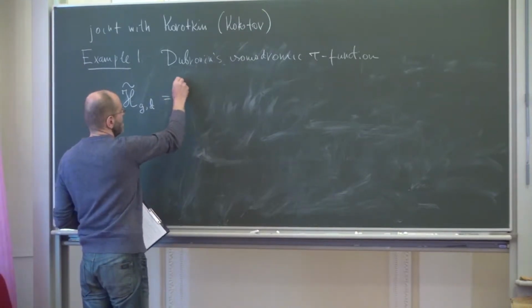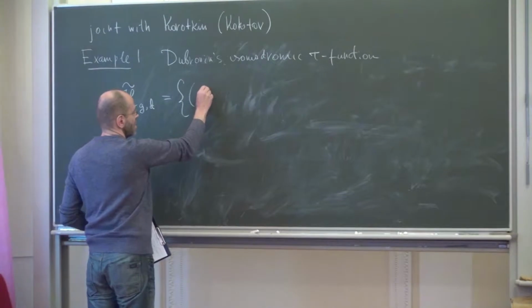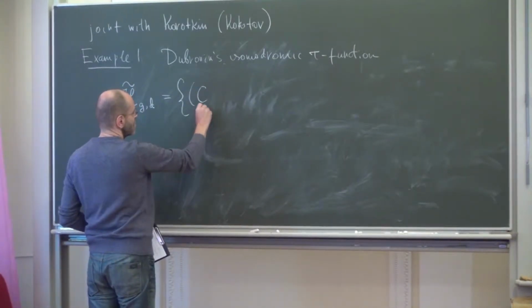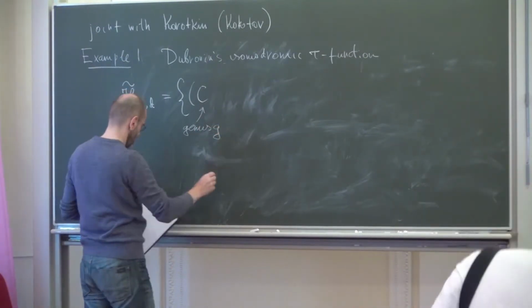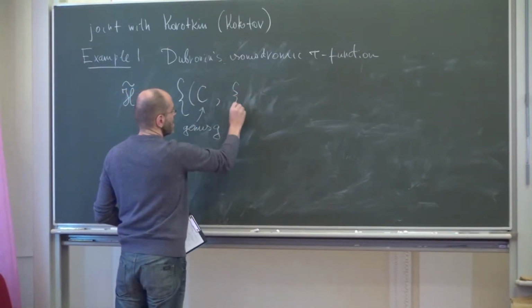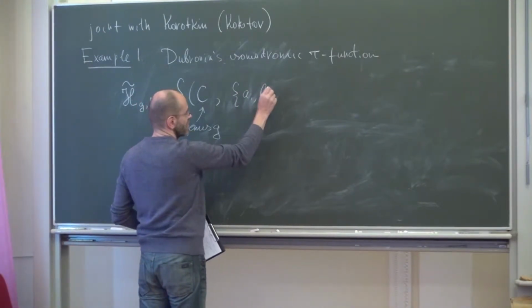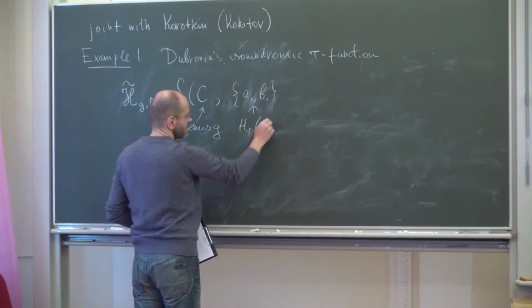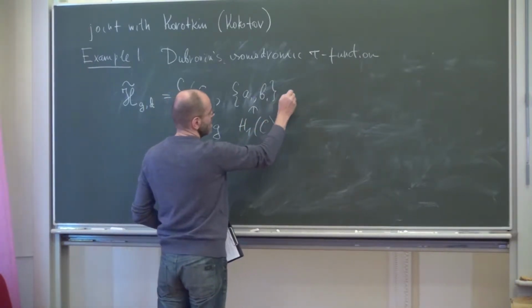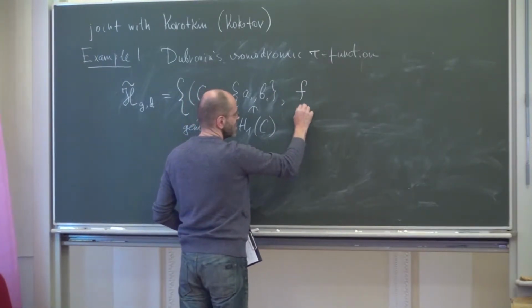This is the space of triples: a smooth curve of genus g, a canonical symplectic basis in the first homology group of C, and a meromorphic function of degree d on C.